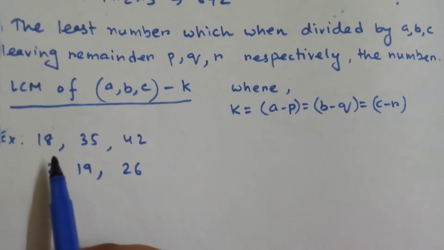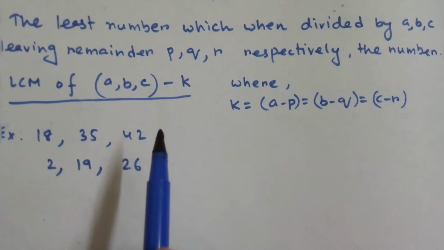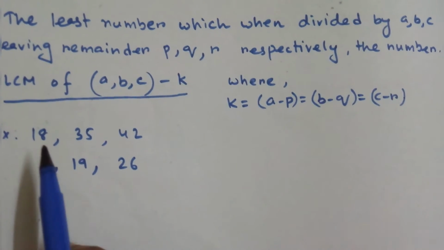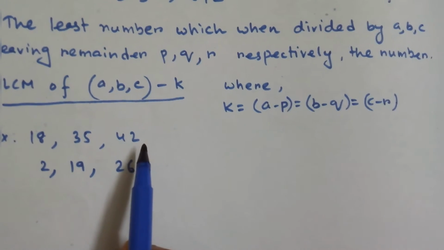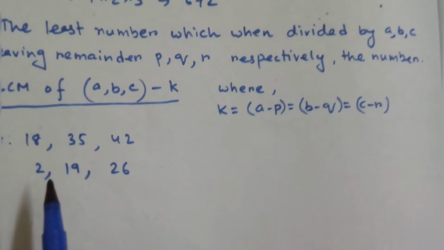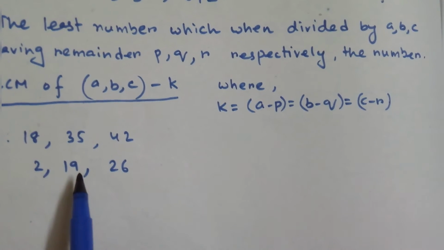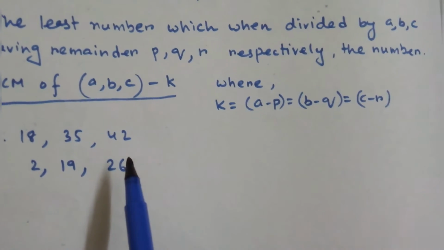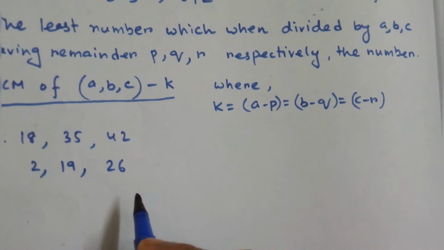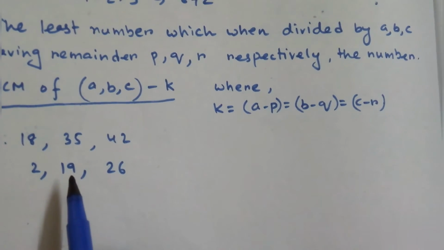So there is an example. Find the least number which when divided by 18, 35 and 42 leaves the remainder 2, 19 and 26 respectively. Find the least number.